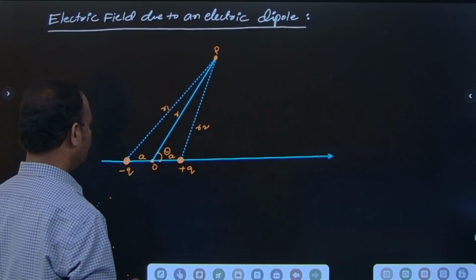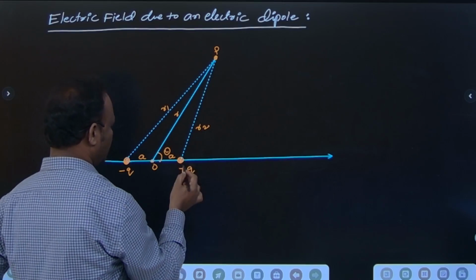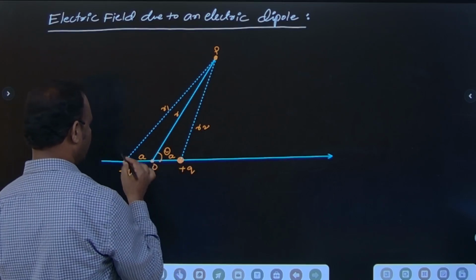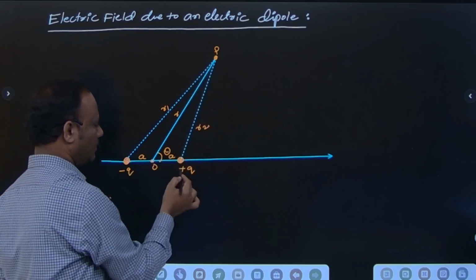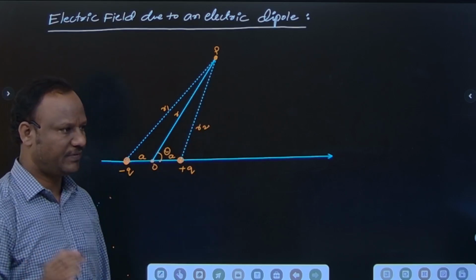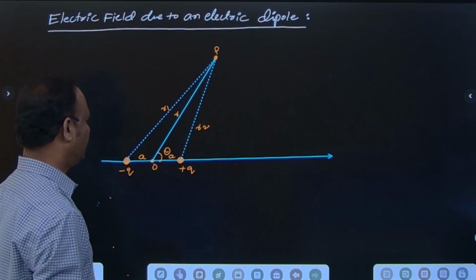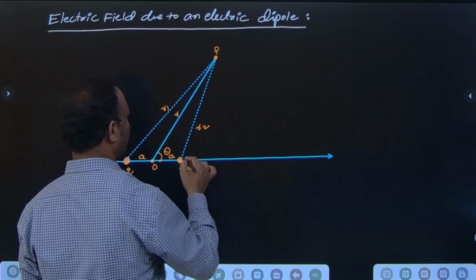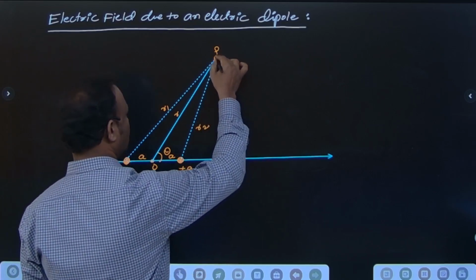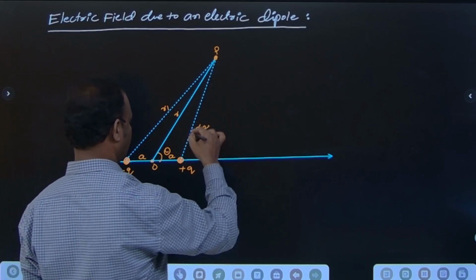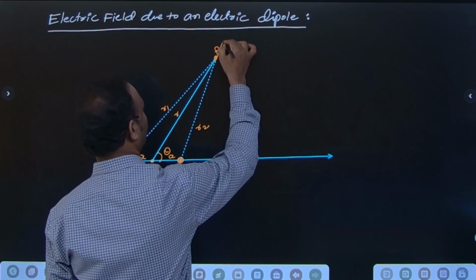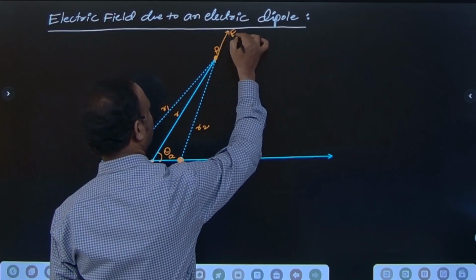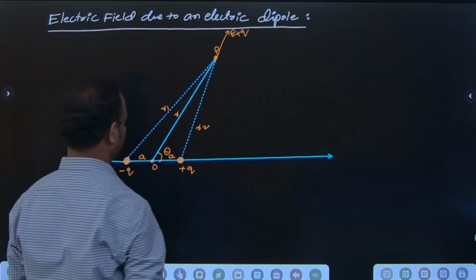From here, the electric field: plus q and minus q, where plus q is closer to the point P, so plus q affects more. The electric field due to plus q should be directed away.